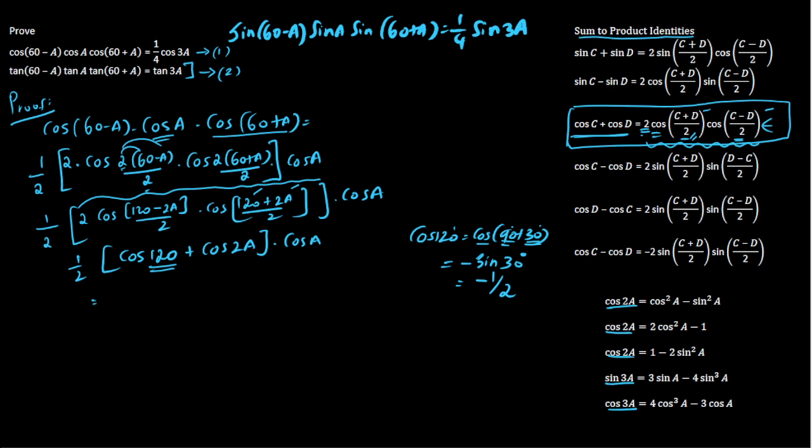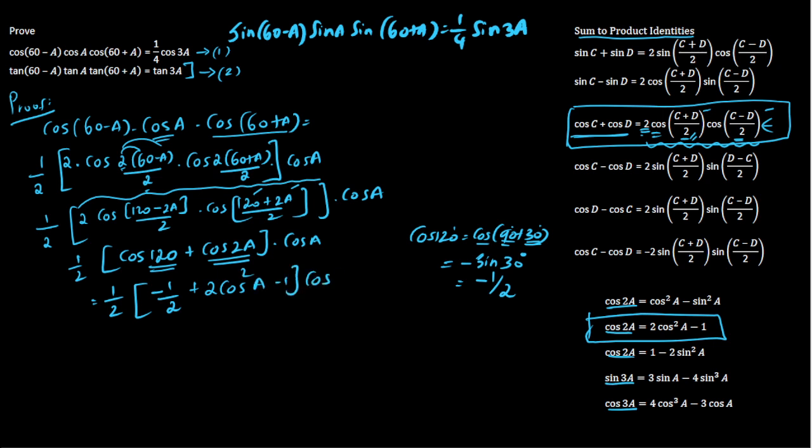So cos 120 is minus 1 by 2. Cos 2A in terms of cos is cos 2A equal to 2 cos square A minus 1. So let's write that: plus 2 cos square A minus 1, multiplied by cos A. Minus 1 by 2 when added up will give you minus 3 by 2, so minus 3 by 2 plus 2 cos square A.